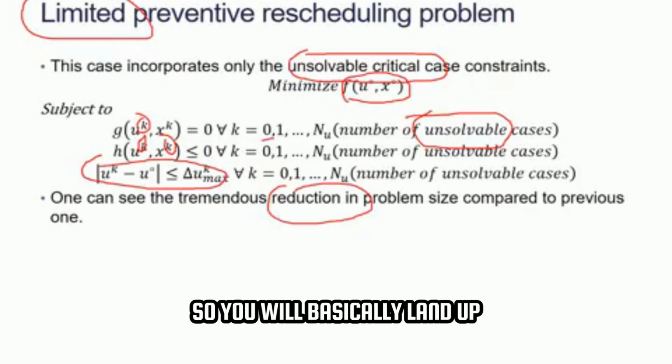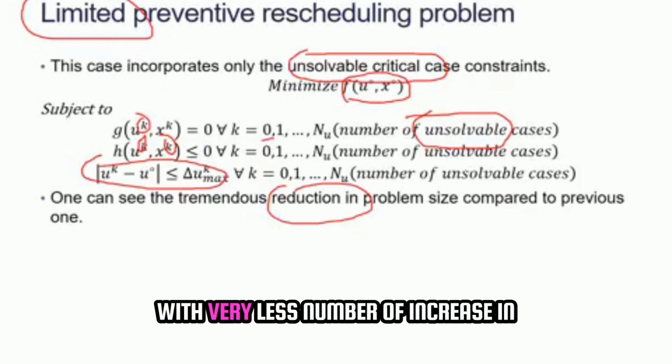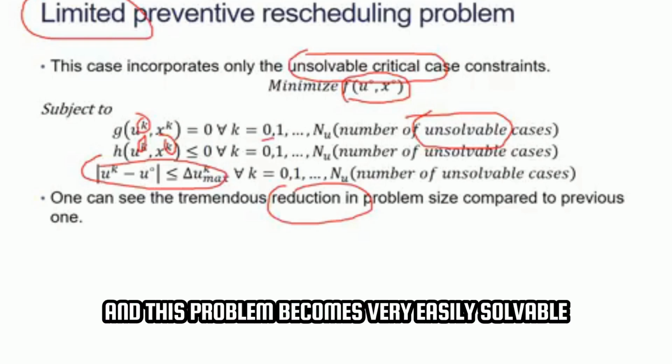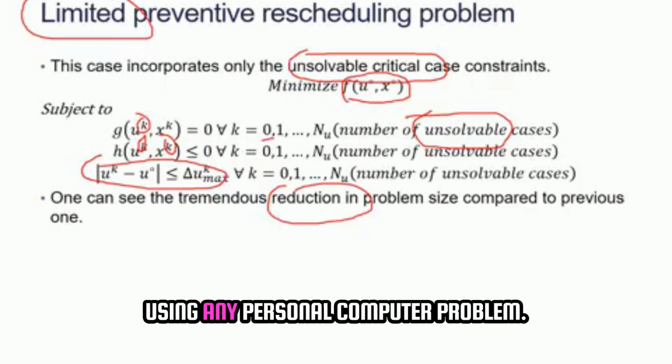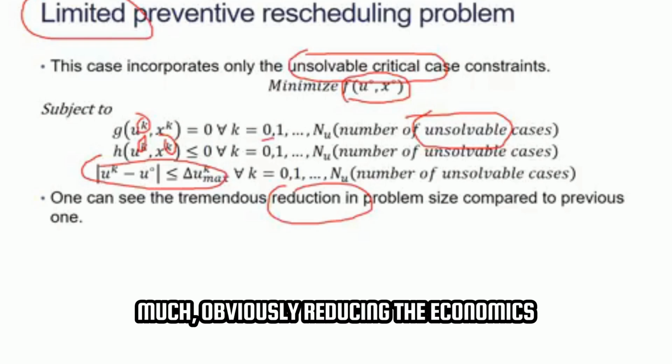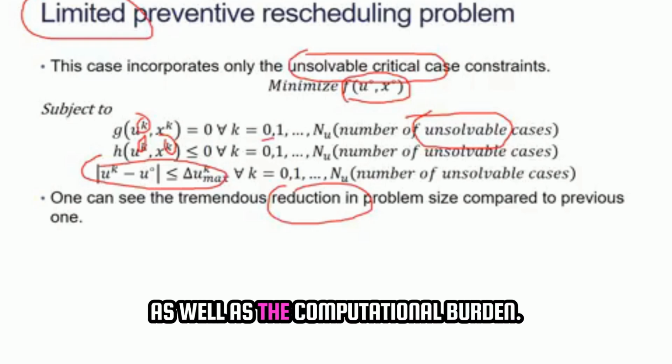So you will land up with a very small increase in the problem size, and this problem becomes easily solvable using any personal computer, and it also does not increase the cost much. You are reducing the economic impact as well as the computational burden.